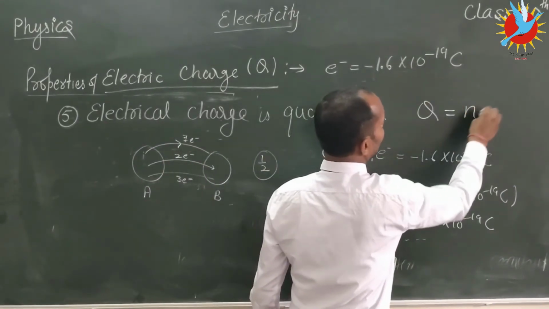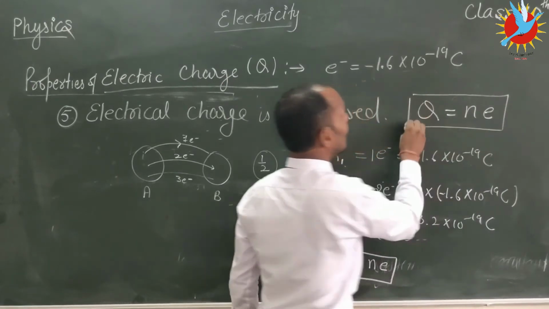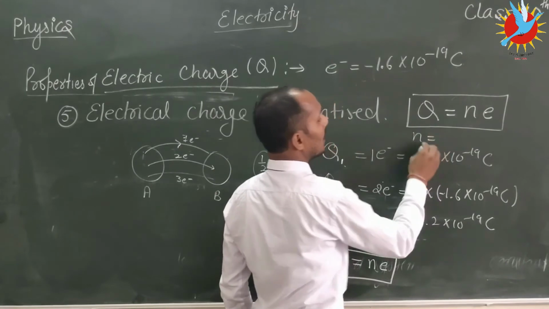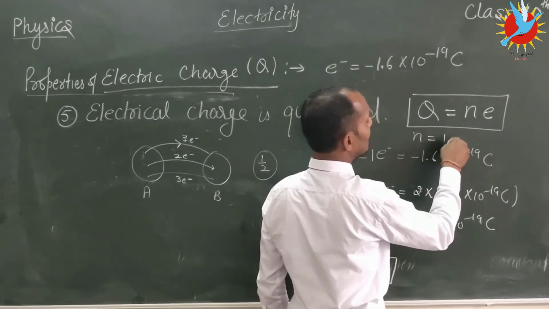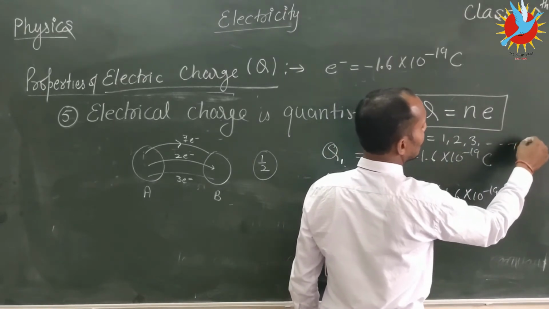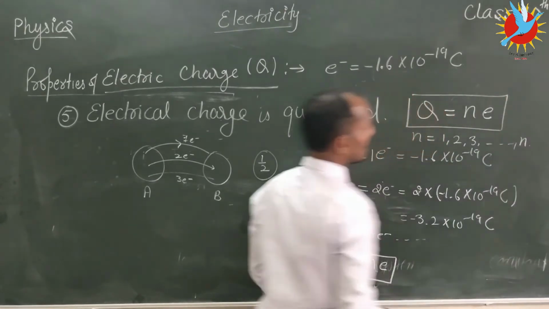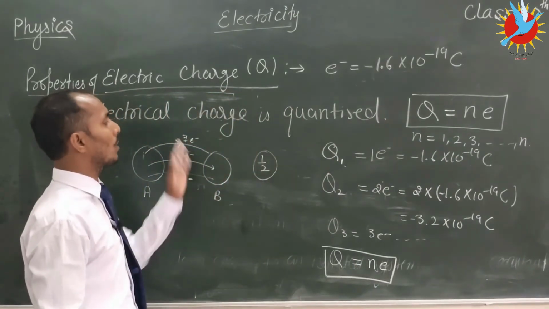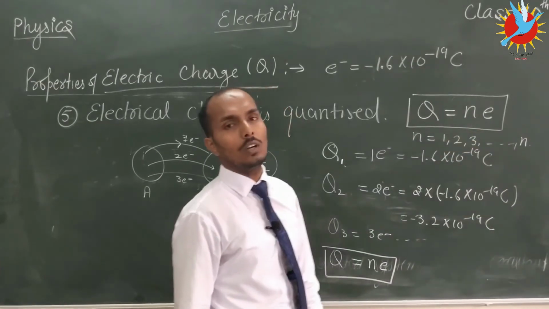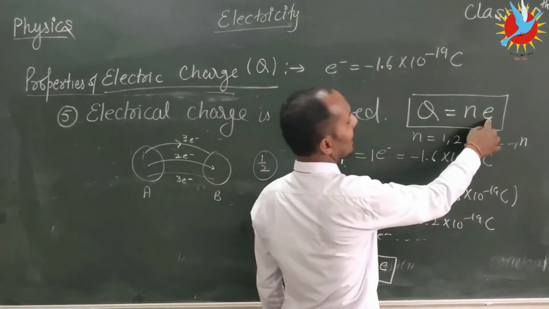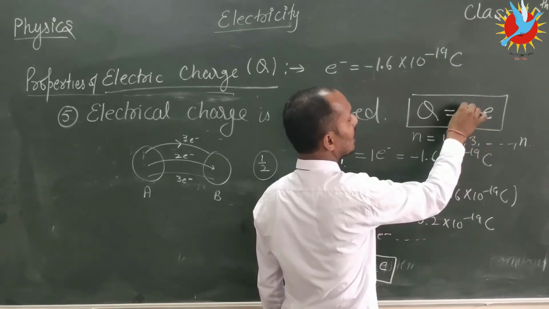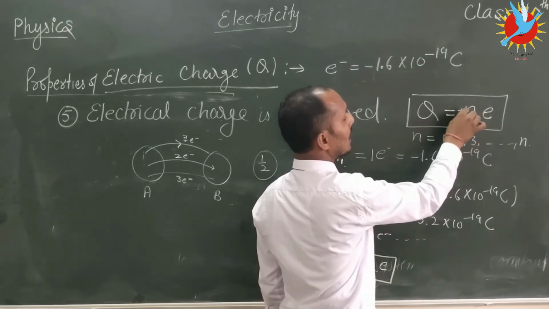Quantization means Q is equal to ne. What does it mean? It means that here n is an integer. Integral means 1, 2, 3, 4, 5, 6, 7, 8, 9, 10 and so on. So this is the first formula: Q is equal to ne. If e is an electron, then take it as negative, and if e is a proton, then positive.